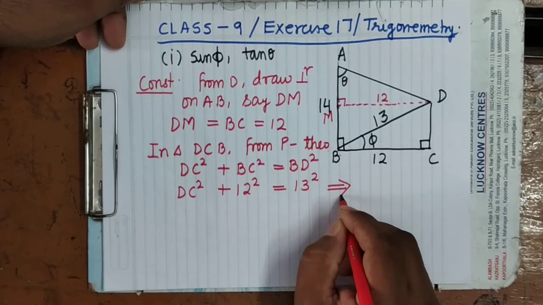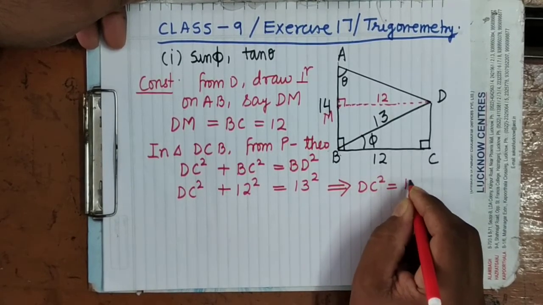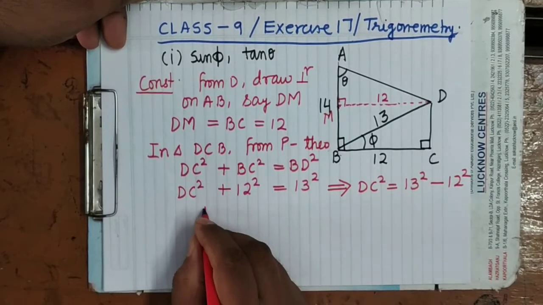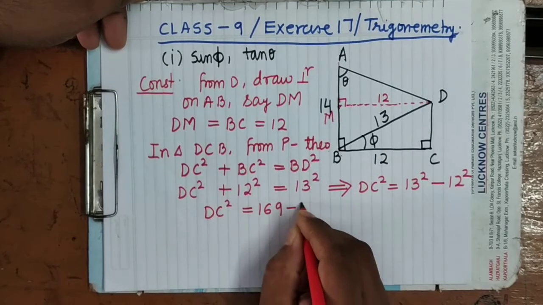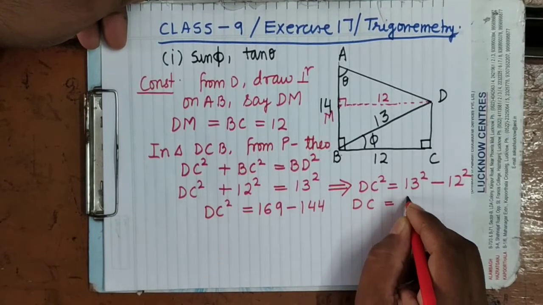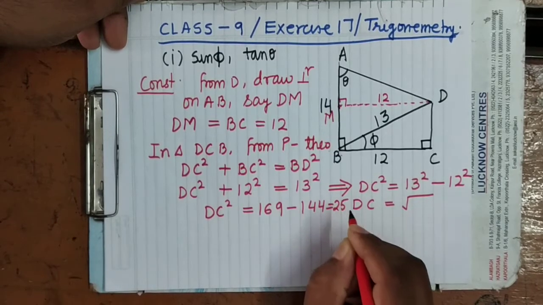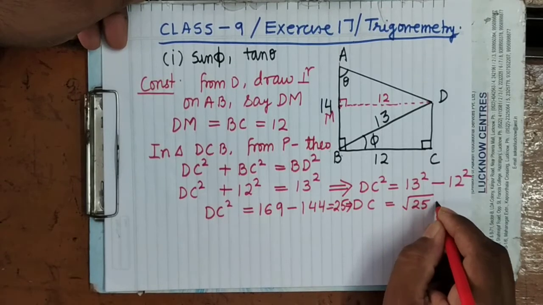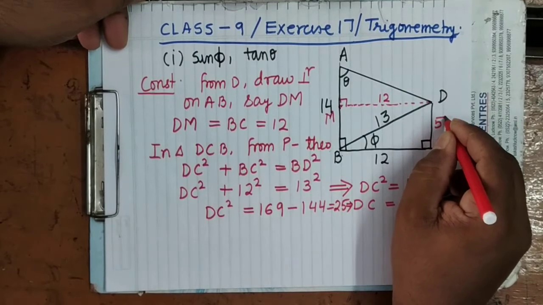When you simplify it, DC square equals 13 square minus 12 square, that is 169 minus 144. So DC will be equal to square root of 25, that is 5. This you have determined as 5.